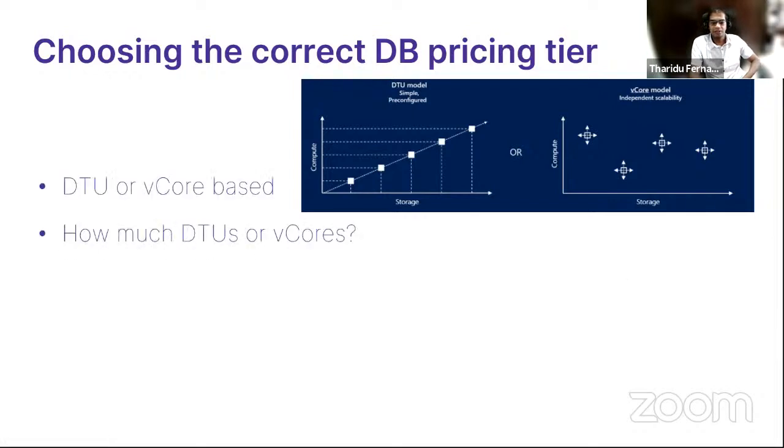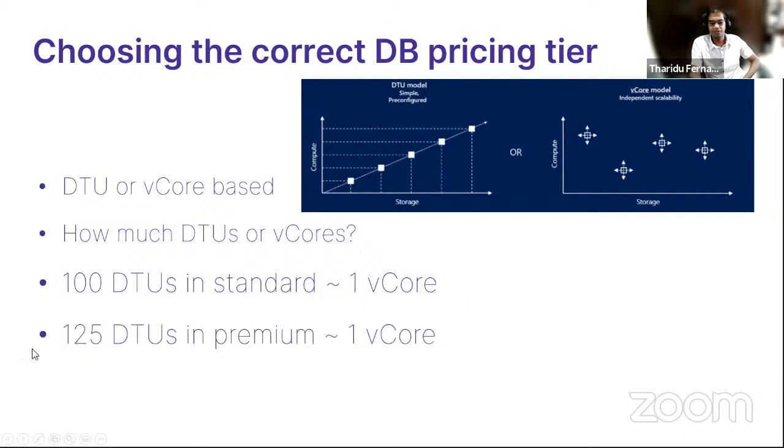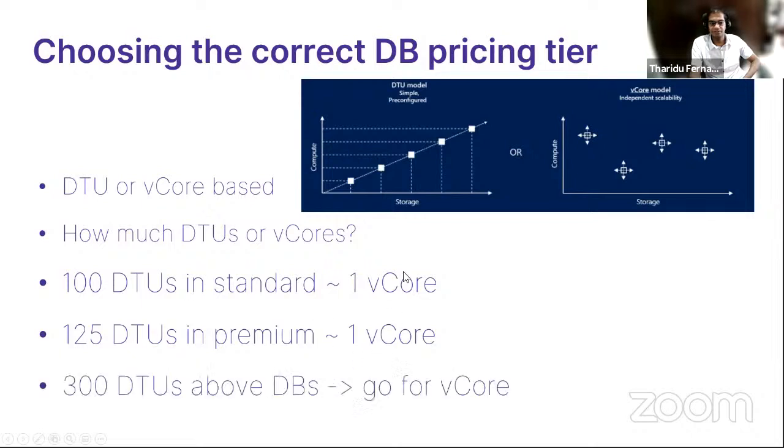If you're coming from on-prem, Microsoft Azure provides you with an assessment tool that gives you the number of DTUs or vCores that you may need based on your workloads. That's something that is interesting for you. As a general rule, 100 DTUs in a standard tier is equivalent to one vCore, and 125 DTUs is equal to one vCore in the premium tier, which uses SSDs.